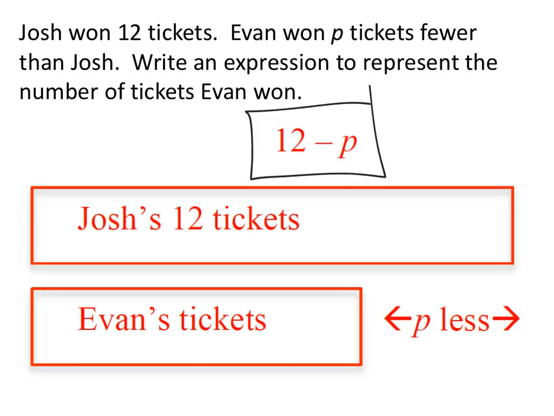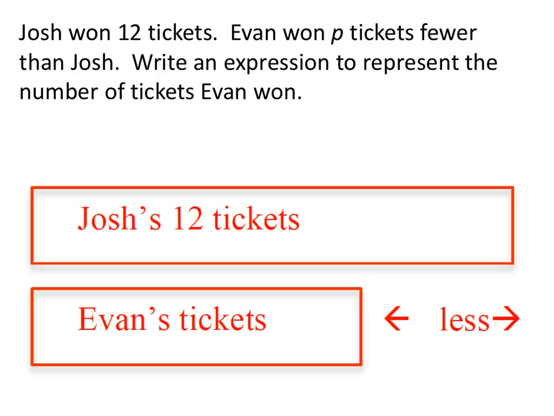Evan won P tickets fewer than Josh, so if we were to not use these, but we just looked at it in terms of Josh and Evan, right? Evan won P tickets fewer than Josh, so Evan had as much as Josh, but he had P less than whatever Josh had.